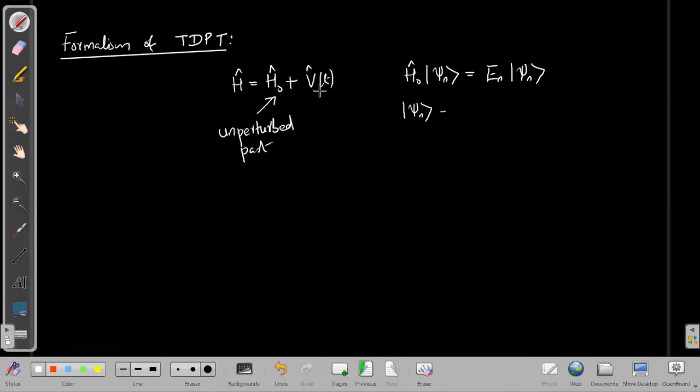That is, when V of t is absent, the total Hamiltonian is simply H0, and V of t is a perturbation part. Hence psi n is the energy eigenstate or eigenstate of the unperturbed Hamiltonian.